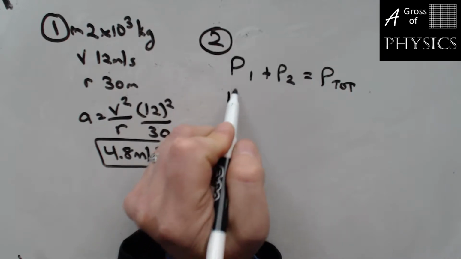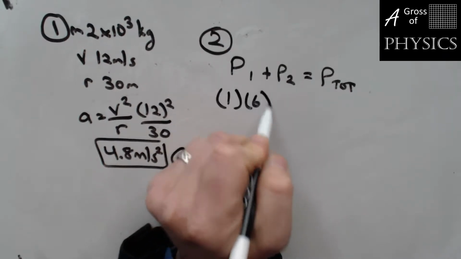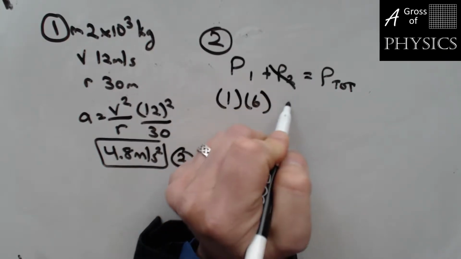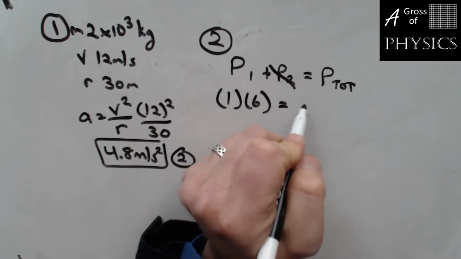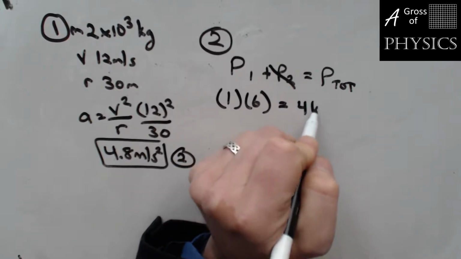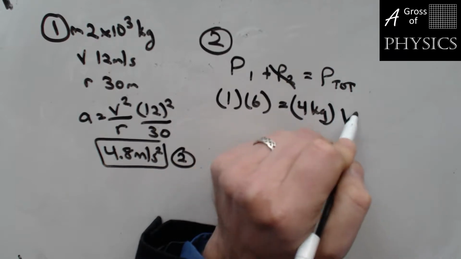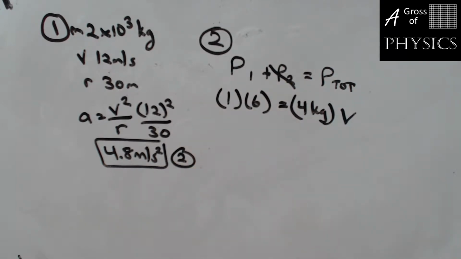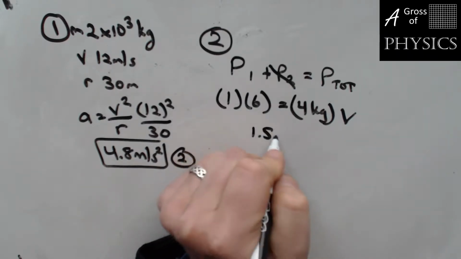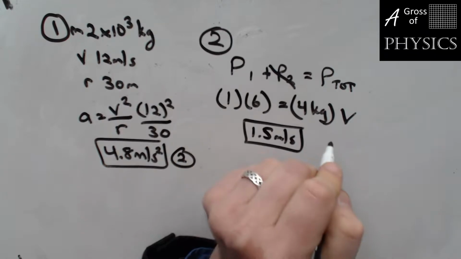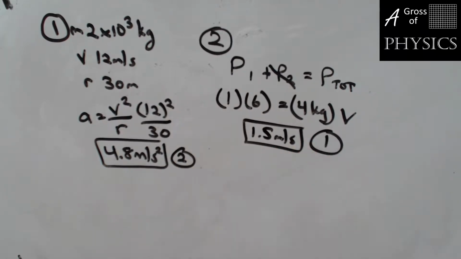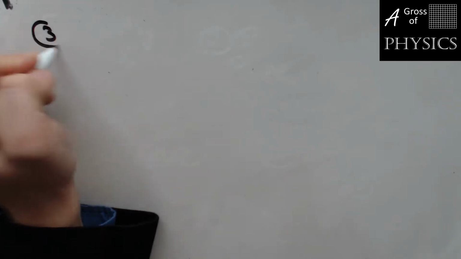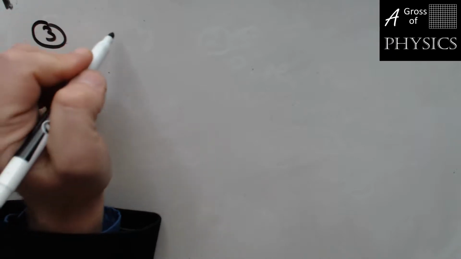So the clay is 6 times v, 0 for the block, and the total mass is going to be 4 kilograms times v. So 6 divided by 4 is 1.5 meters per second. Choice 1.